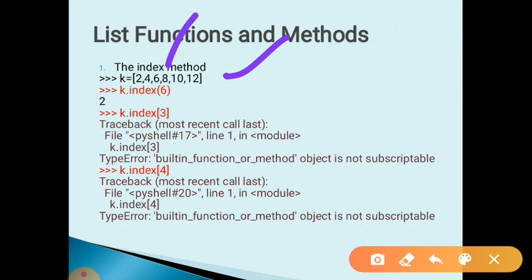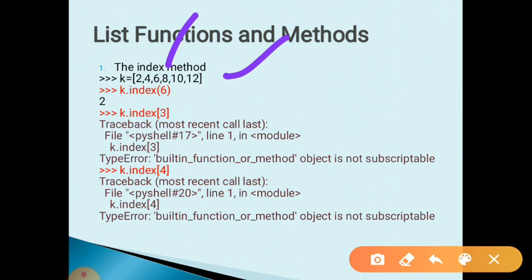So I write k dot index 6. 6 is in the third position, but Python returns 2 because indexing starts from 0. The first element gives 0, the second gives 1, the third gives index value 2, and so on.